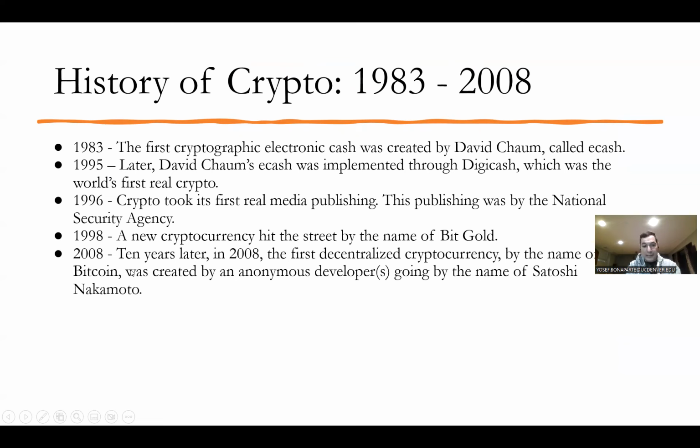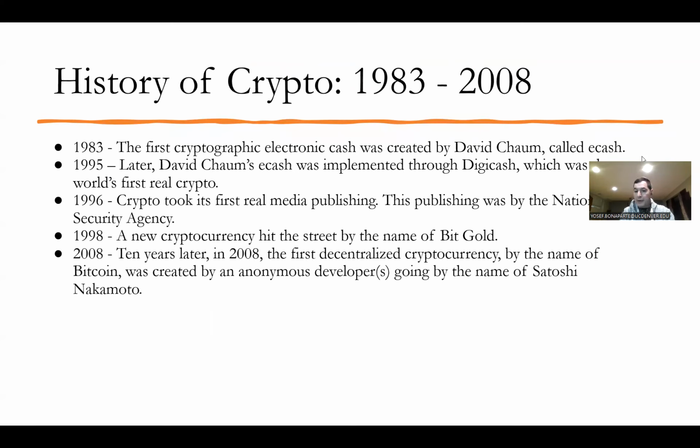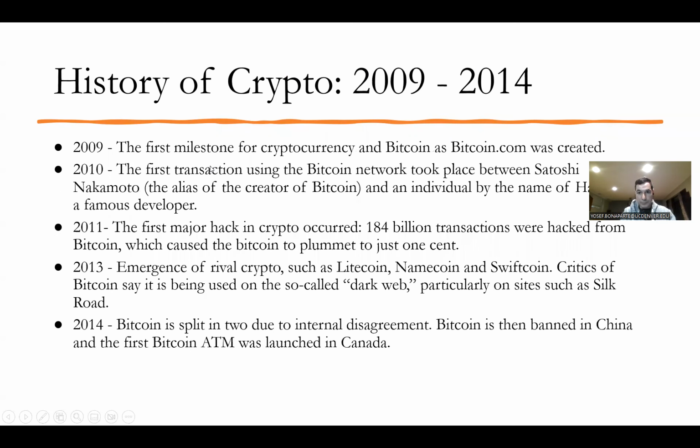In 2008, which is 10 years after, the first decentralized cryptocurrency, Bitcoin, was created by an anonymous developer. His name is Satoshi Nakamoto. A lot of people think that nobody exists with this name, and that it is David Chaum.